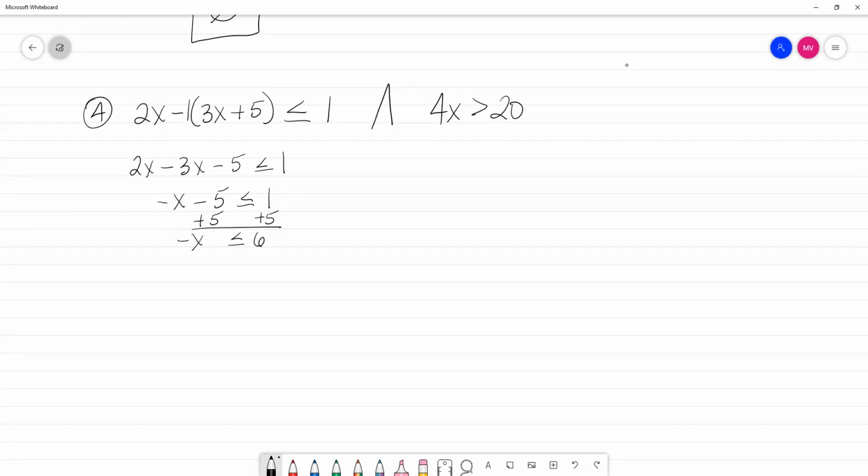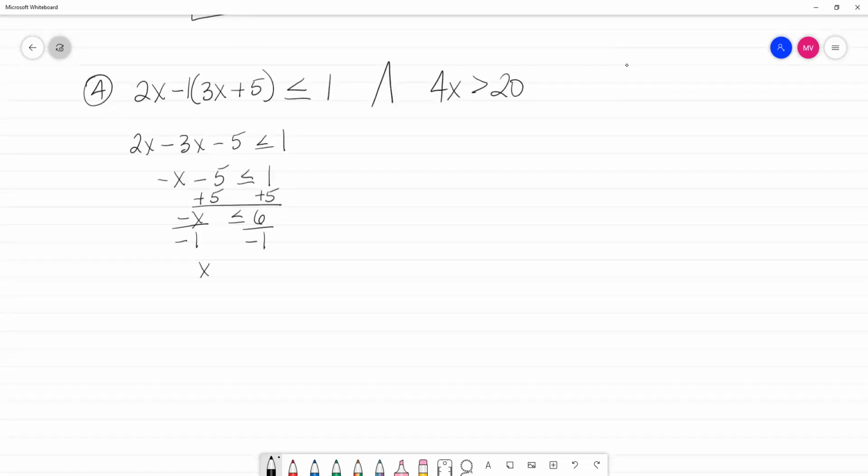So what do we need to divide both sides by? Nope. Gotta get rid of the negative. -1. And when we multiply or divide by a negative, what do we do with our inequality? Yeah, we gotta flip it. So x is greater than or equal to -6.